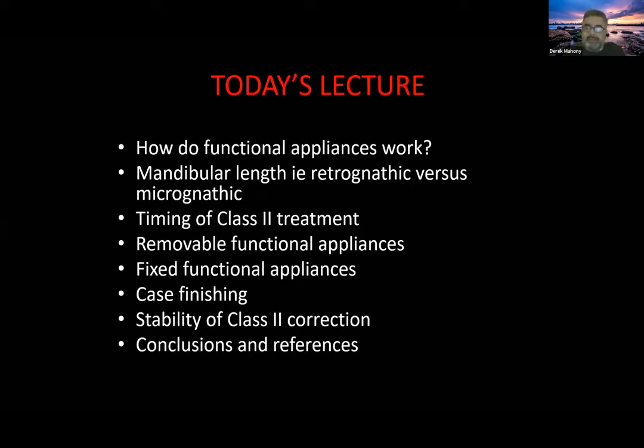So I teach my students that if you have a normal mandibular length and a retrognathic mandible, then that treatment plan will be different to someone who has a micrognathic, or in other words, a small mandible. Small mandibles, if you can work with growth and you look at the excellent research of Franchi and Baccetti and McNamara, and you look at the post-pubertal growth spurt of the craniofacial complex, that's the time where we can do some changes. But even after that, when growth is nearly complete, if mandibular length is normal, you can reposition the mandible.